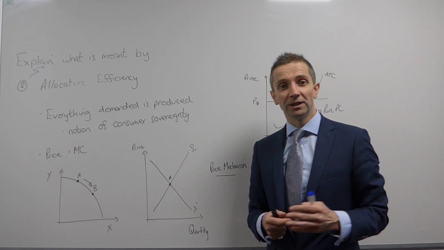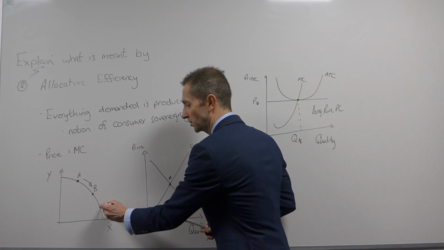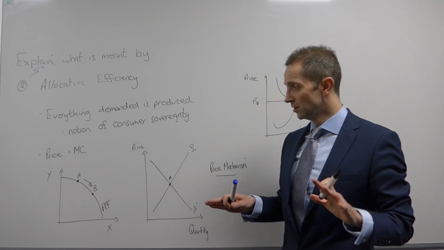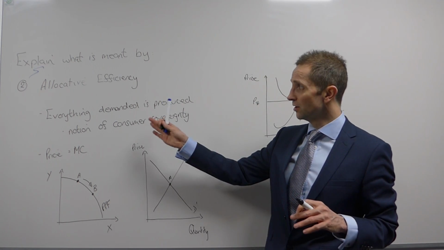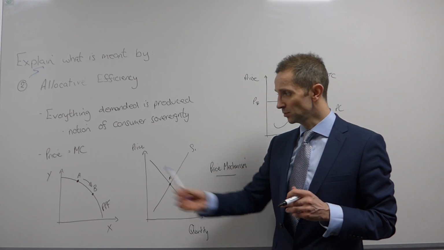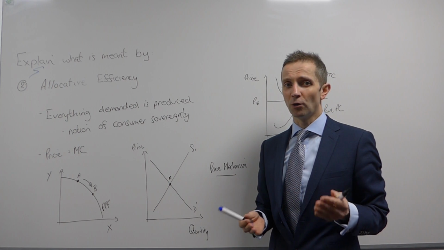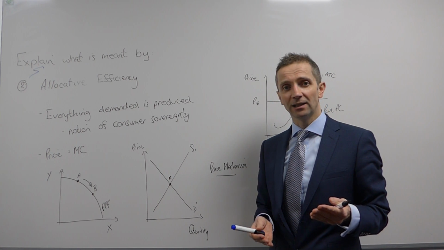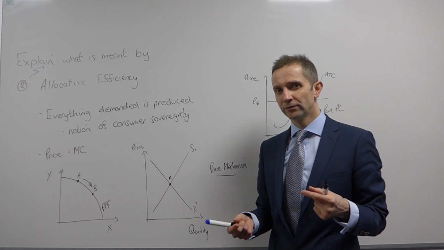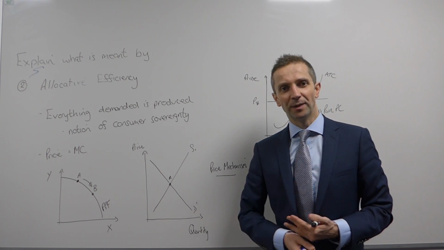In my previous video, I looked at a production possibility curve, or production possibility frontier. And we can represent the whole notion of allocative efficiency on a simple diagram such as this, where we have two goods, Y and X. Now, either point A or point B could be allocatively efficient. If we were told, for example, in an exam question, that more of good X is being demanded.